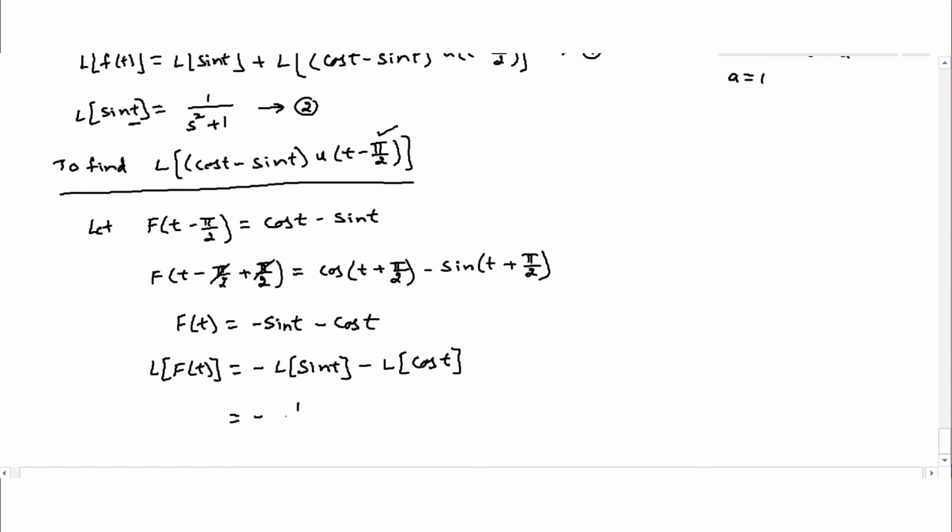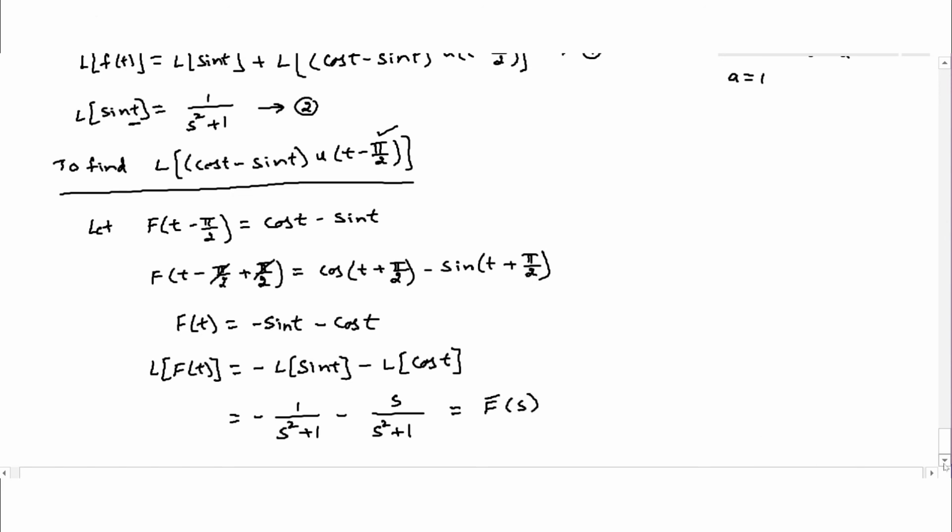The value of a in this case is 1, so it is 1 by s square plus 1. And Laplace transform of cos at will be s by s square plus a square, so we get s by s square plus 1. So this will be nothing but your f bar of s.